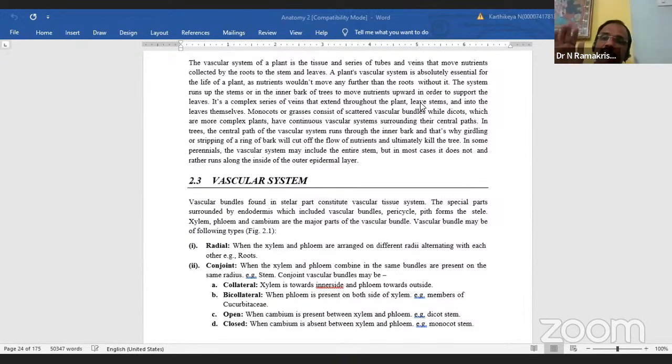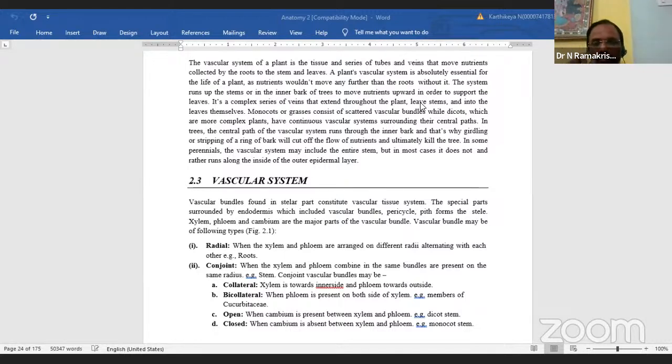In some types of plants, the vascular bundles are also found beyond the center part of the stele, entering the cortex also. Such vascular bundles we call cortical bundles. When we see vascular bundles in the cortex, we call them cortical bundles. Where scattered vascular bundles are there, we call them medullary bundles.